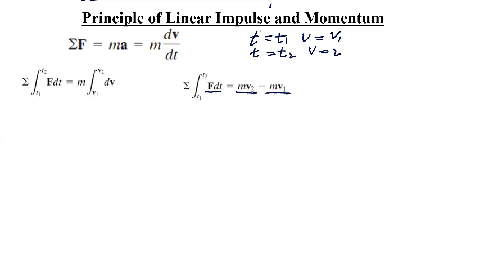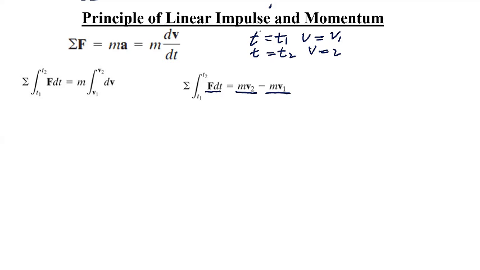On the left, we have impulse, while on the right, we have change in momentum. It is a simple time integration of the equation of motion. It provides a direct means of obtaining the particle's final velocity v2 after a specified period of time when the particle's initial velocity is known and the forces acting on the particle are either constant or can be expressed as a function of time.